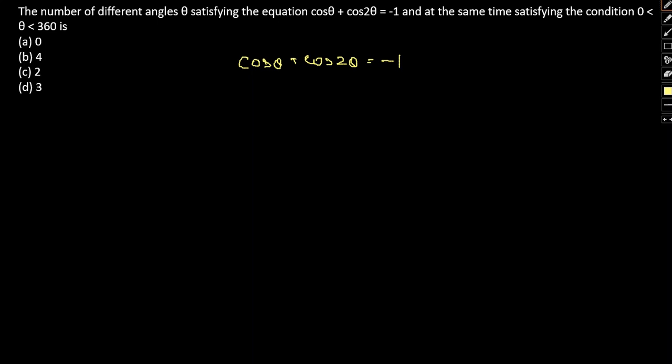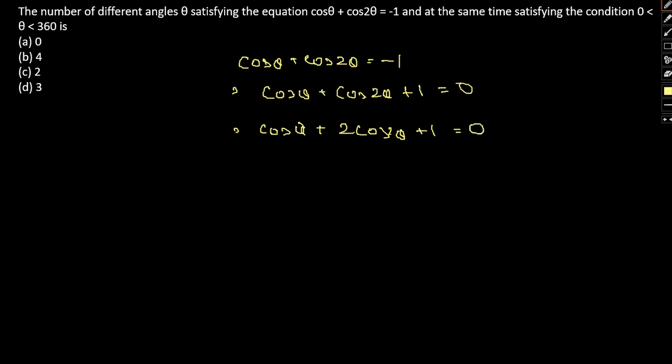So we can write the same as cos theta plus cos 2 theta plus 1 equal to 0. Again, cos theta plus 2 cos square theta plus 1 equal to 0. We simply use the formula for breaking cos 2 theta into cos square theta.